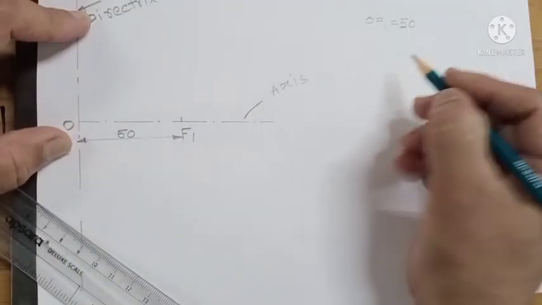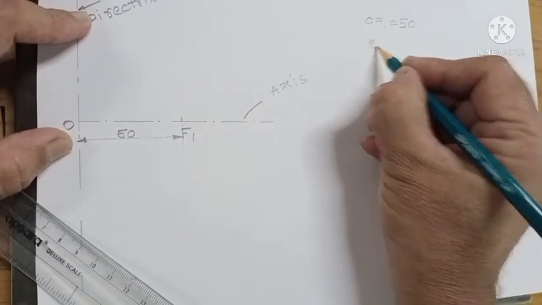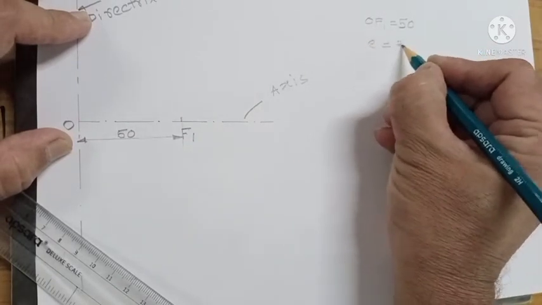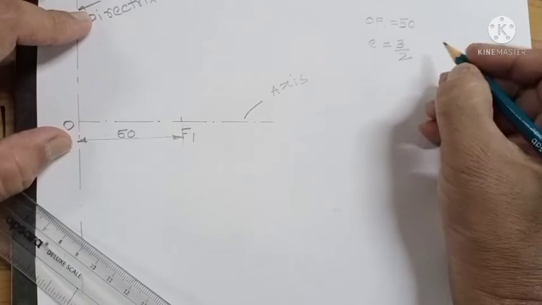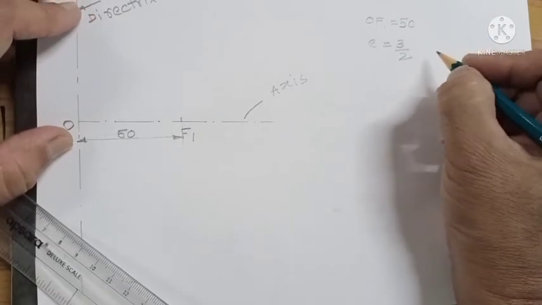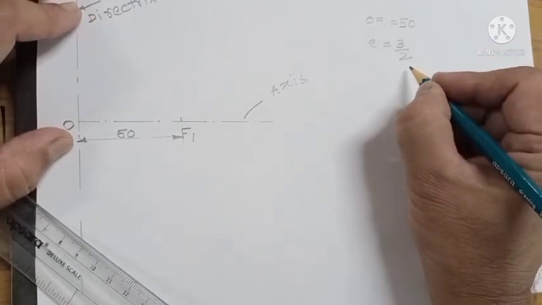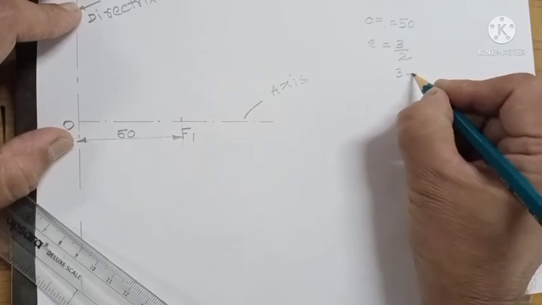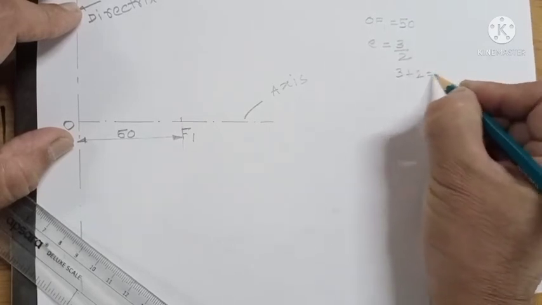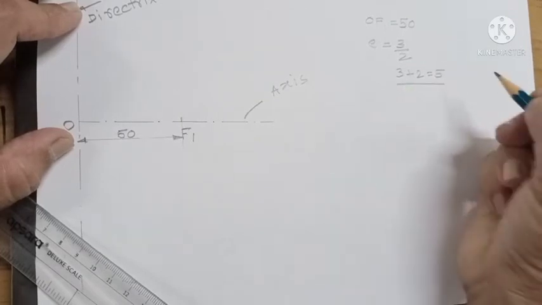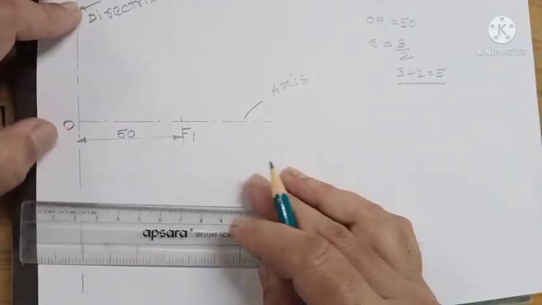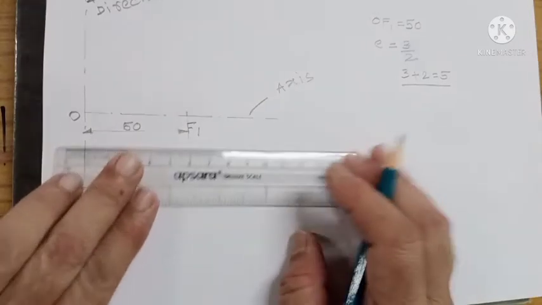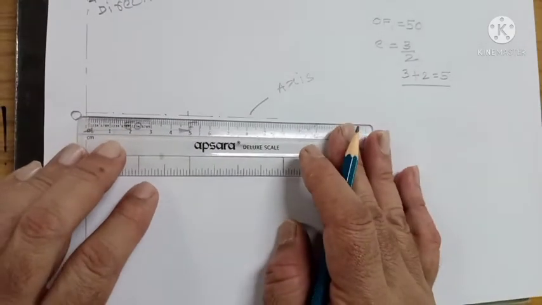We know the ratio is 3/2. It is more than 1, so it is a hyperbola only. So how do we have to consider it? We add the numerator plus the denominator. The numerator is 3, the denominator is 2, which is equal to 5. That means we have to divide this OF1 distance into 5 divisions. Because it is 50 mm, we can easily make 5 divisions.